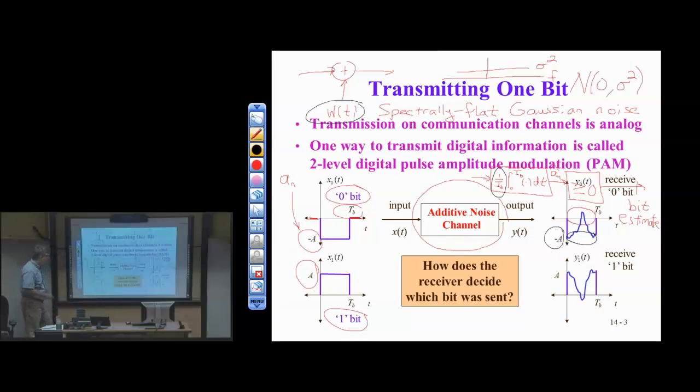Okay, so if I send a bit of value 0, I get this transmission of minus capital A amplitude over the bit duration. On the receiver side, I receive minus capital A plus random noise over that symbol time.